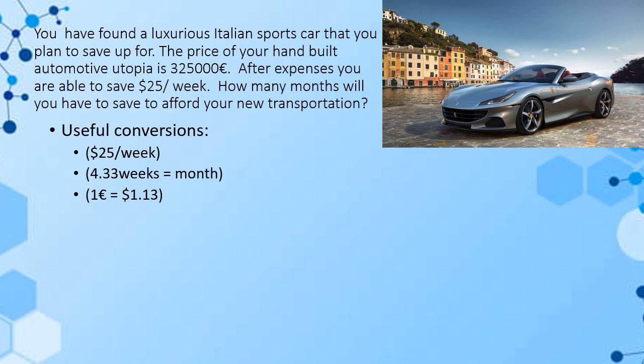So the first one will look like this: 325,000 euro times there are $1.13 in 1 euro on January the 24th anyways. If you multiply that through, we see that 325,000 times 1.13 will come up to $367,250.